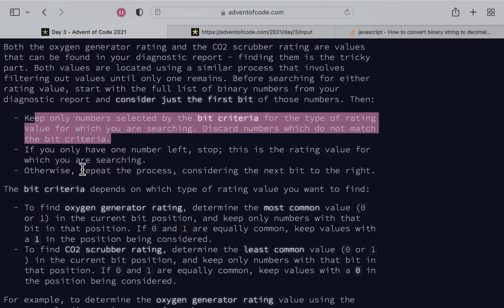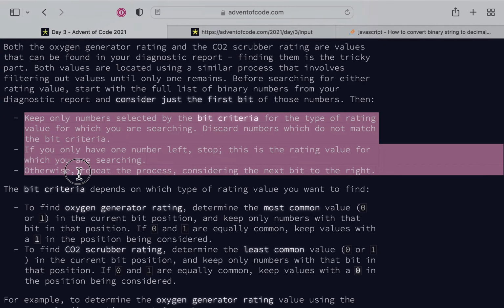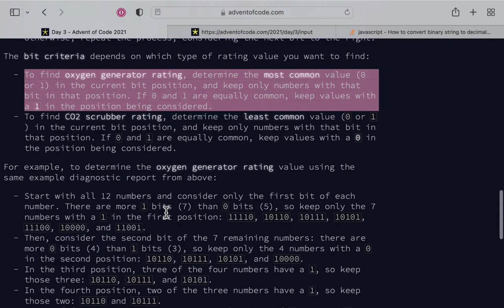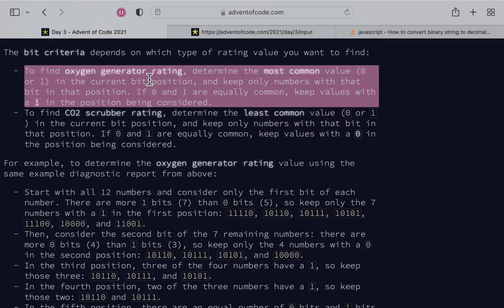This is the rating value for which you are searching. Otherwise, repeat the process considering the next bit to the right. The bit criteria depends on which type of rating value you want to find. To find oxygen generator rating, determine the most common value in the current bit position and keep only numbers with that bit in that position. To find CO2 scrubber rating, determine the least common value. Okay, so we're still doing the most common and least common thing.